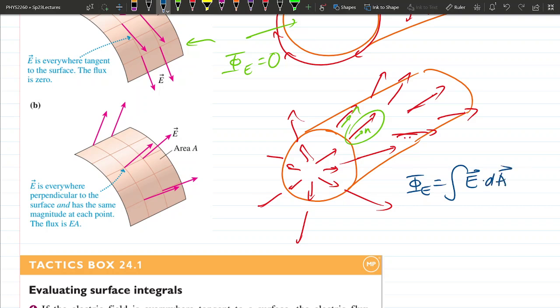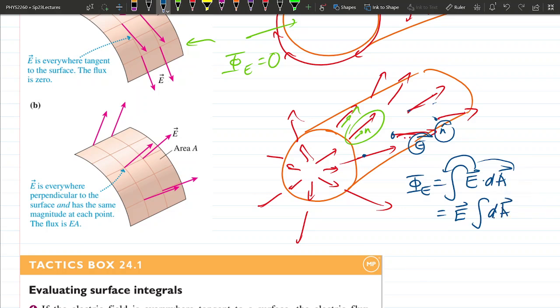If we think that at every point on this surface, this electric field vector is dotted into the area vector, this little n hat thing, and the magnitude is constant on the surface and little tiny bits of area, you can just pull this little E out, and you just have to do the integral over dA.